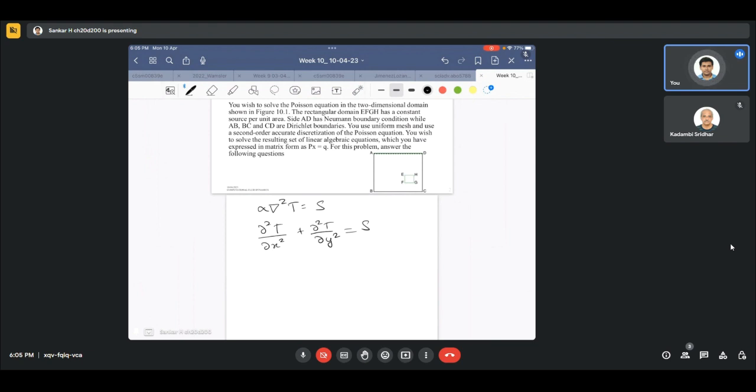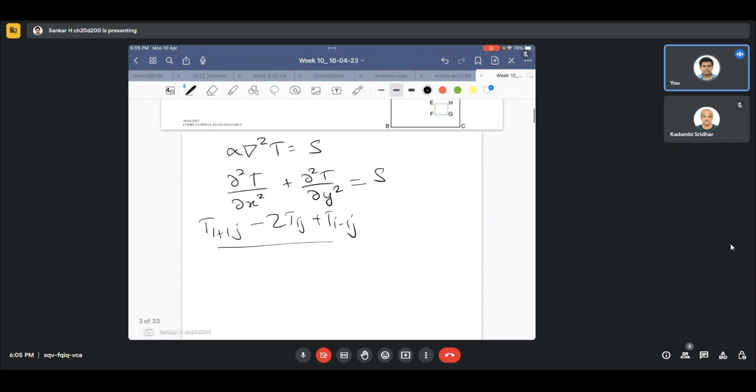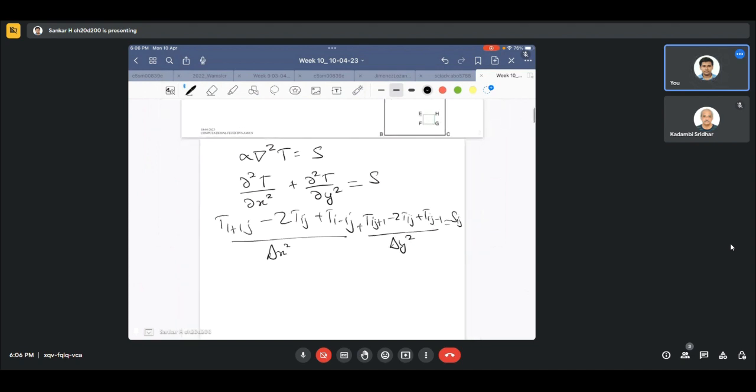Therefore, I can discretize this by a second order accurate central difference scheme as (T(i+1,j) minus 2T(i,j) plus T(i-1,j)) divided by delta x square plus (T(i,j+1) minus 2T(i,j) plus T(i,j-1)) by delta y square should be equal to S(i,j).